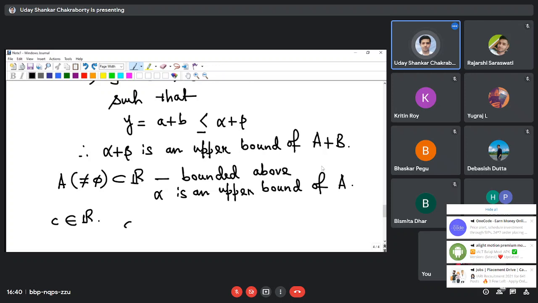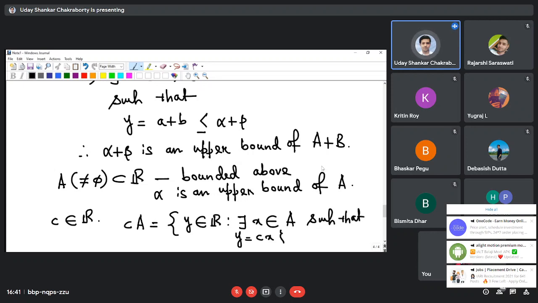I denote CA equal to the set of all real numbers y such that there exists x from A satisfying a property. What is that property? That y must be equal to C times x. So this is my set CA.